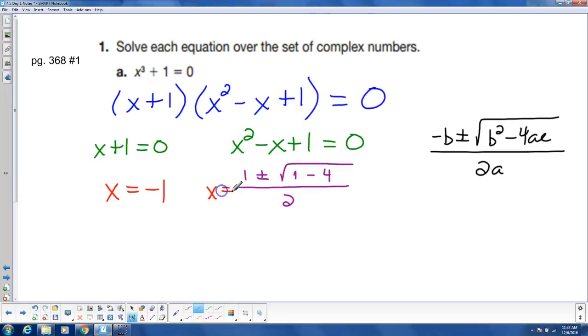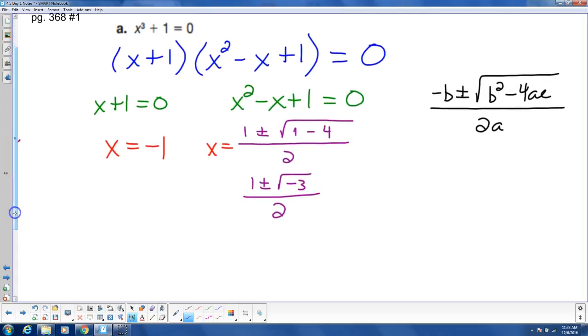So that's going to be 1 plus or minus the square root of negative 3 all over 2. Do I like 1 plus or minus the square root of negative 3 all over 2?